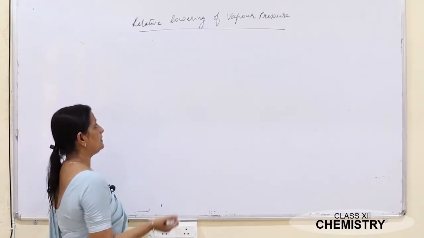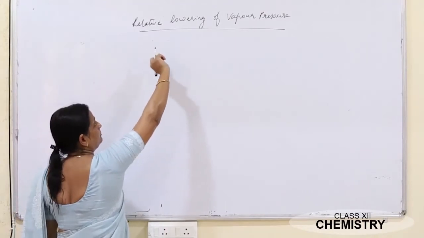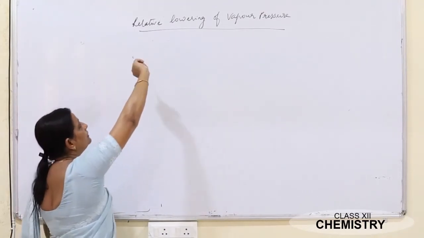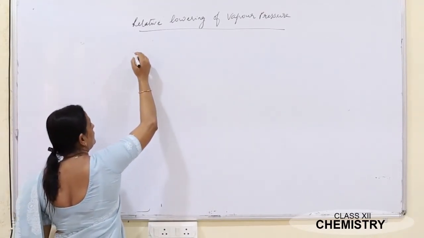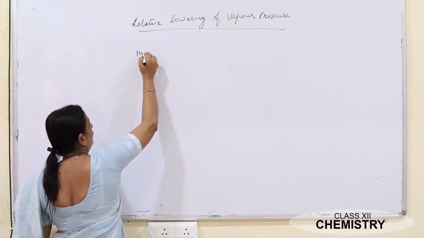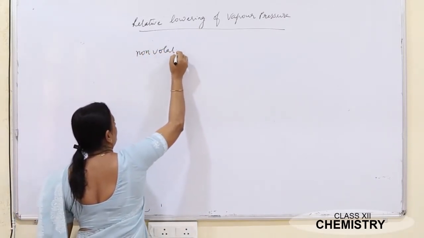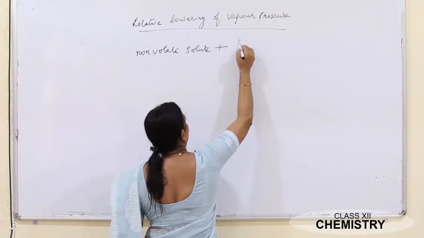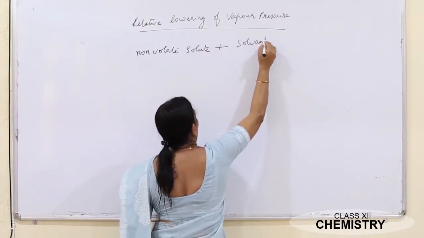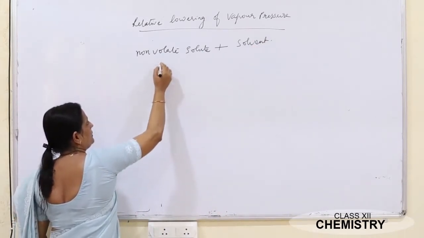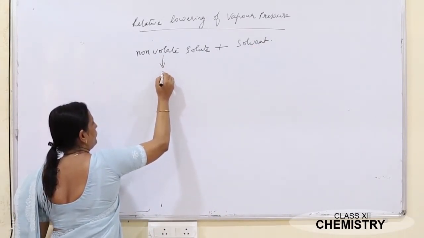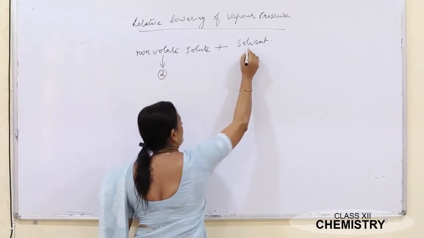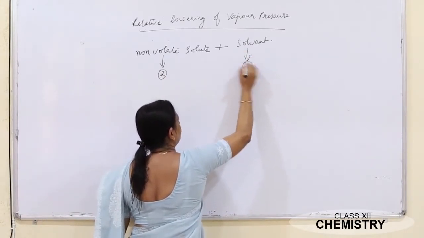Now let us consider, let us prepare a solution by mixing a non-volatile solute in a volatile solvent. Let the non-volatile solute be component 2 and the solvent be component 1.